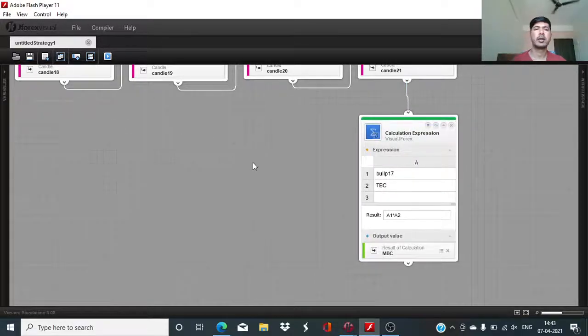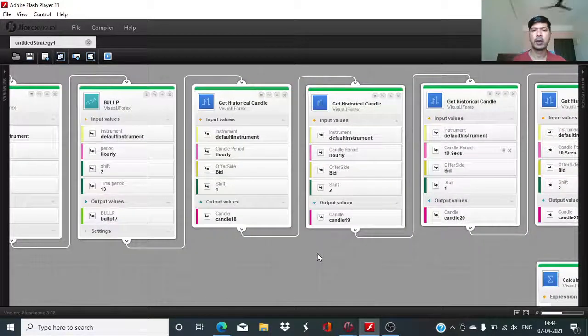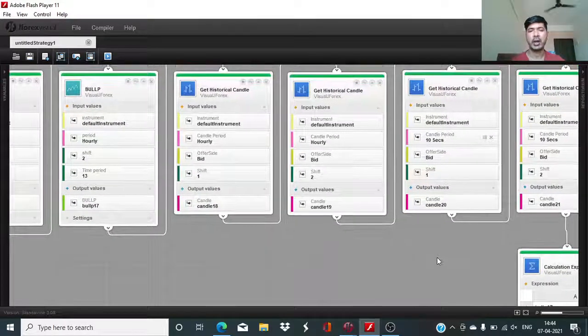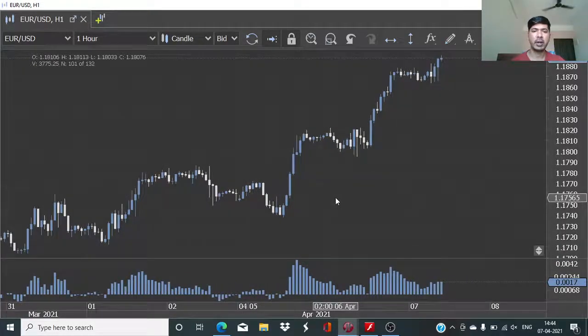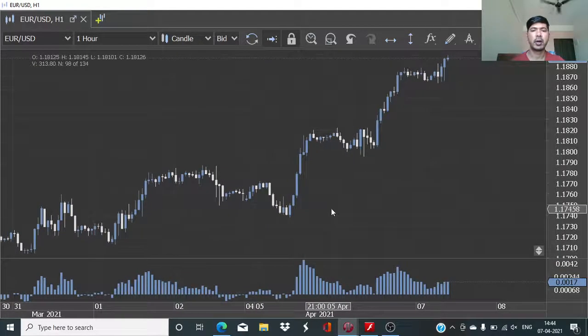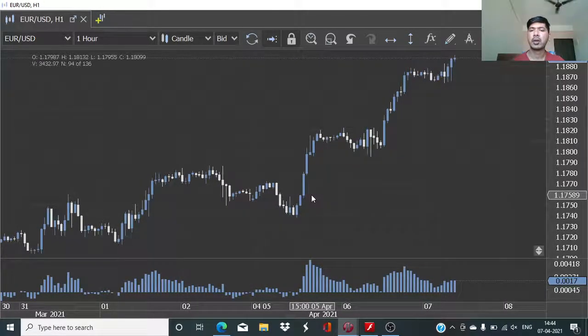And as I said, to pinpoint the entries, we also have to consider the comparison between the closing levels of these two hourly historical candles. And I think if we look at the chart also, it will be better to go for the order execution whenever we see that some correction has happened from the last hourly close.